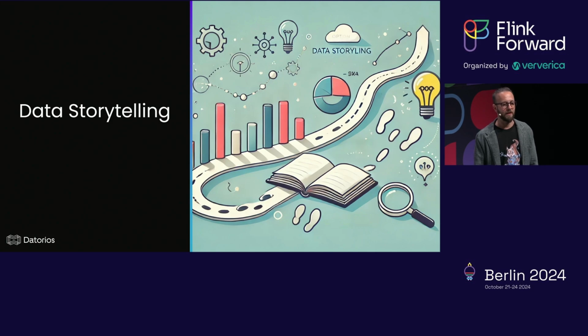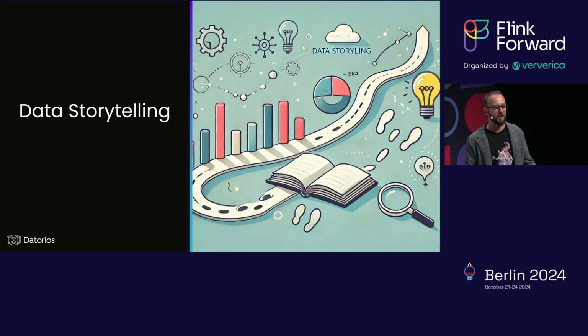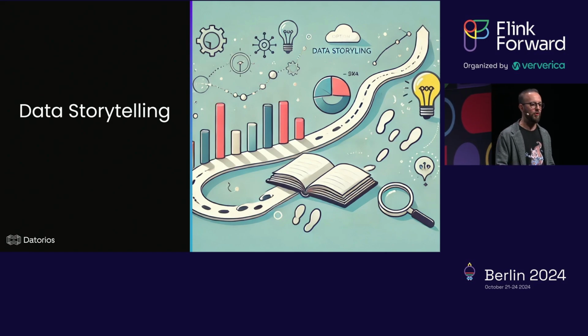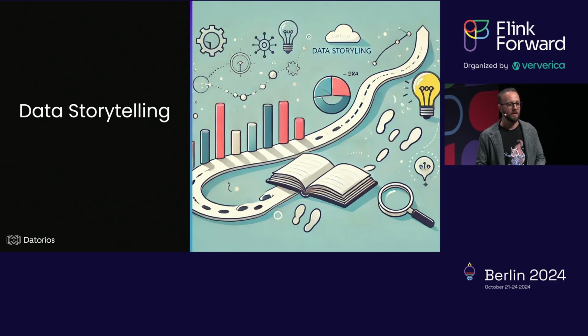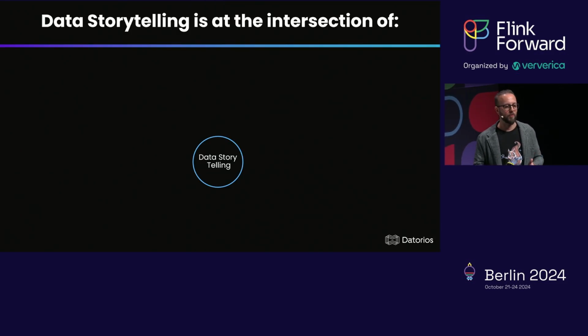Data storytelling is the process of turning raw data into a meaningful and actionable narrative. It's not just about showing numbers or charts. It's about making the data easy to understand, relatable, and insightful. A good story told by data will combine three key elements.